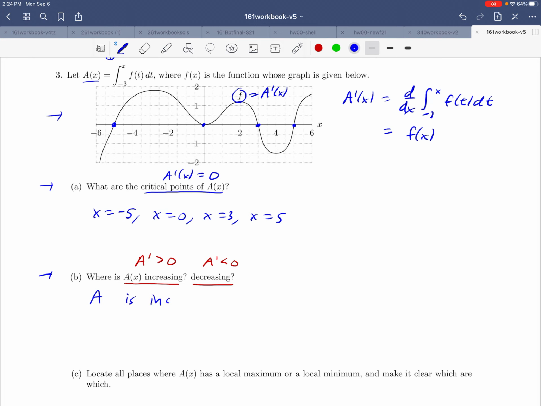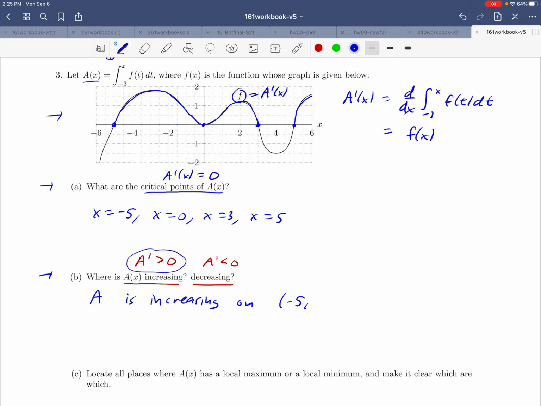A is going to be increasing wherever the derivative graph is greater than 0, in other words, positive. If we go back up to our picture here, notice that we're above from here to here, and again from here to here. So that would be -5 to 0, and then again from 0 to 3. And then there's one last stretch here where we're positive from 5 to 6, it looks like.